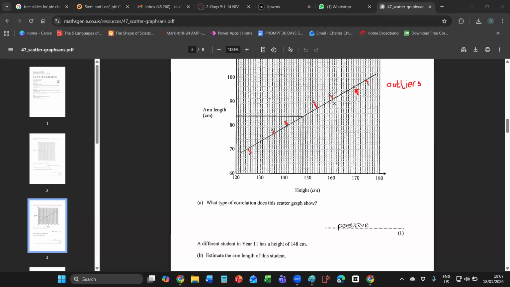Now, an example of an outlier is, for instance, one whose point is somewhere around here, or one whose point is somewhere around here, and there's no explanation for why it is like that. All the others seem to be close to the line, but these guys are just on their own. Those are examples of outliers.